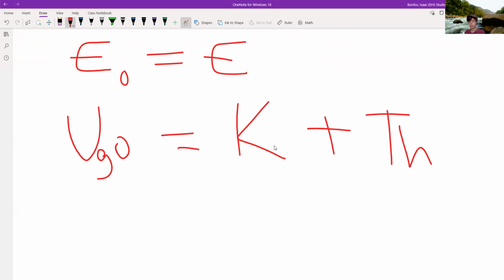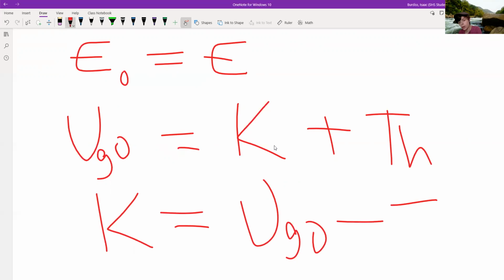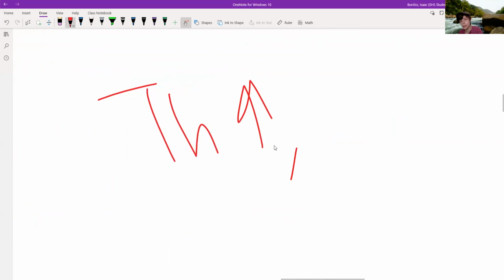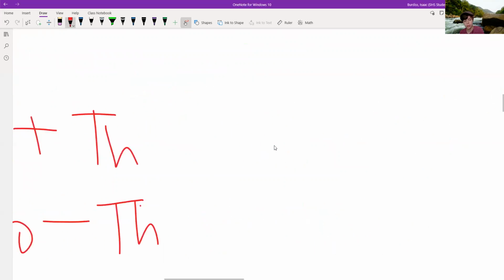So the kinetic energy is going to be equal to this. So if thermal energy goes up, the kinetic energy goes down because, see, it's subtracted.